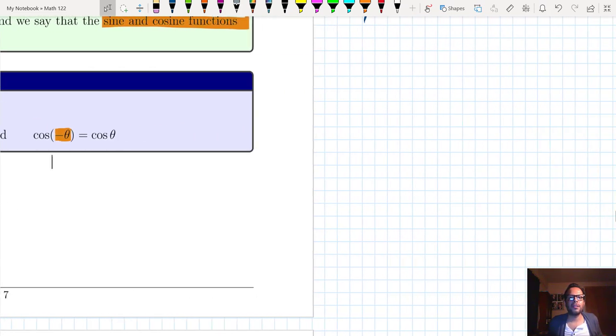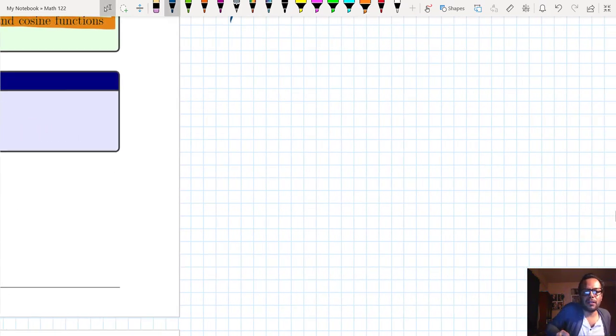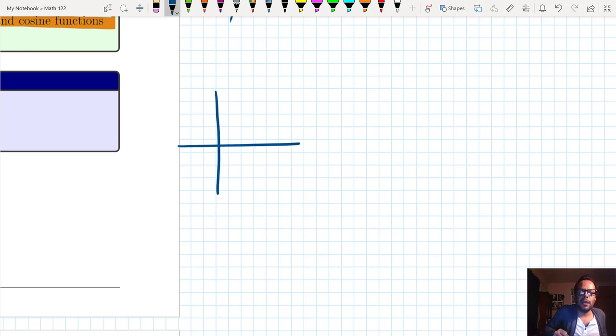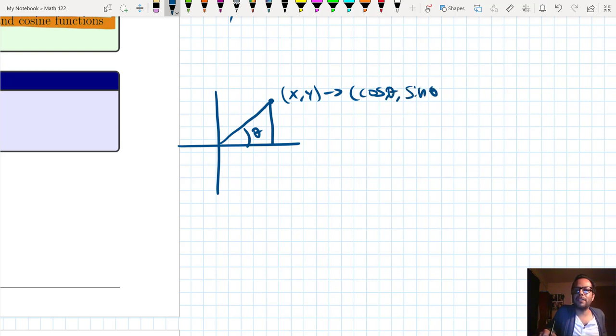Let me draw a little picture here. Let me write a positive angle, theta, it doesn't matter what that is. This is one point right here, x, y, which corresponds to the point cosine theta, sine theta.